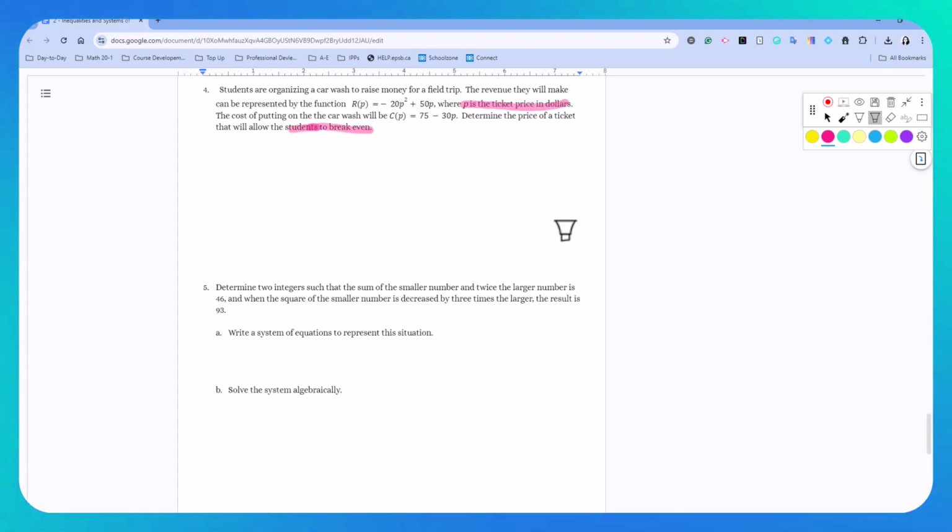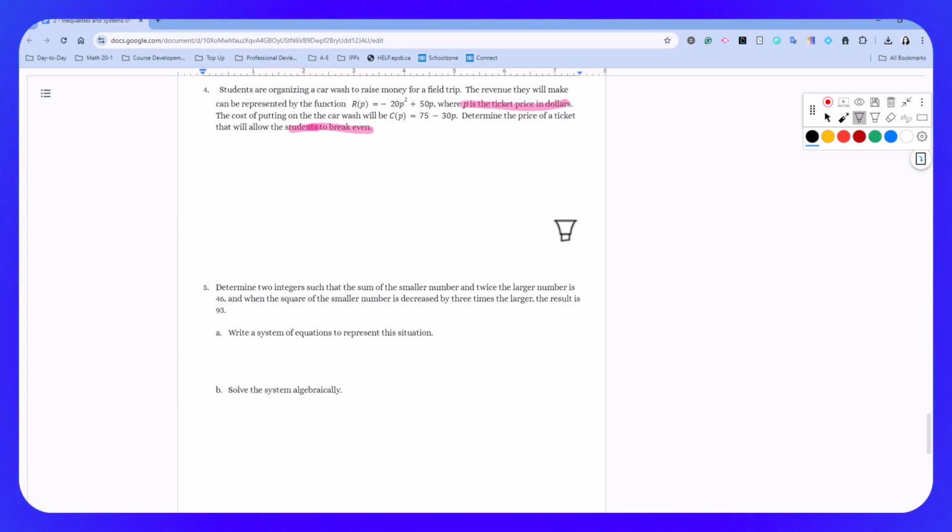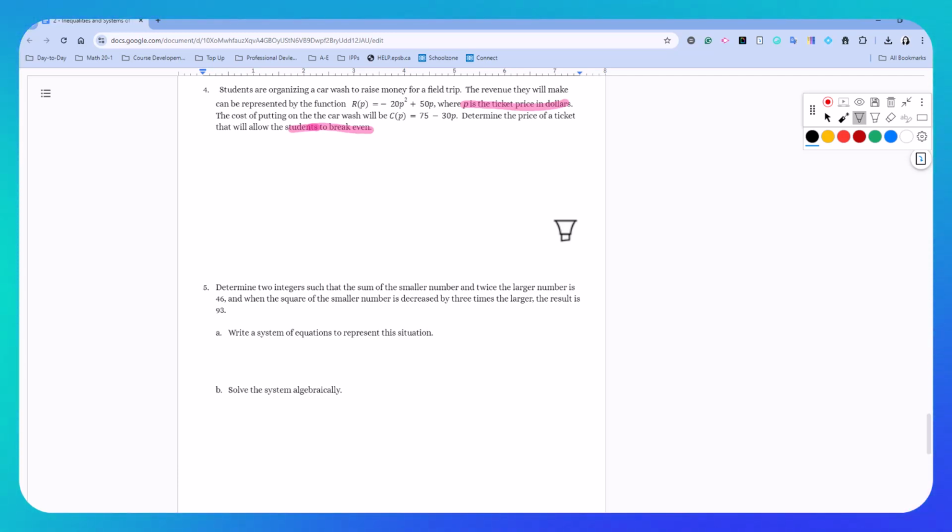Well, what does that mean? When we're selling something, the money that we make isn't always the money we keep. Our profit is going to equal the money we take in, or the revenue.